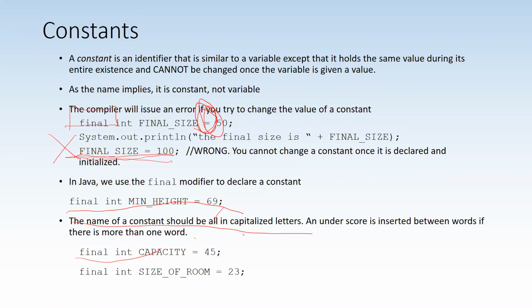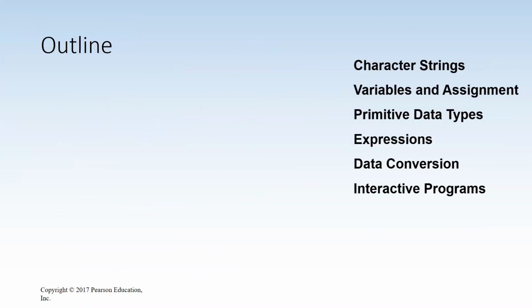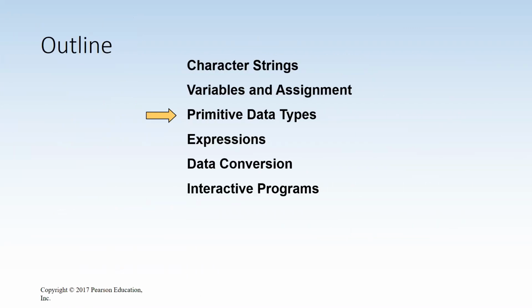That's assignment. Very important to remember. A variable is simply a named location, and you can put values in it. You must have a data type in front of it when you declare it.